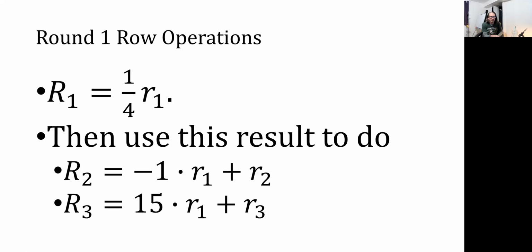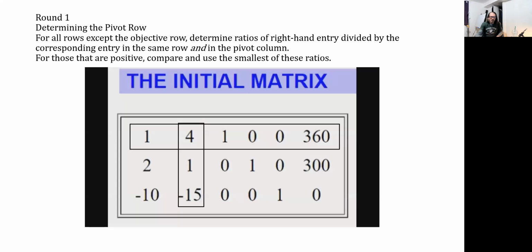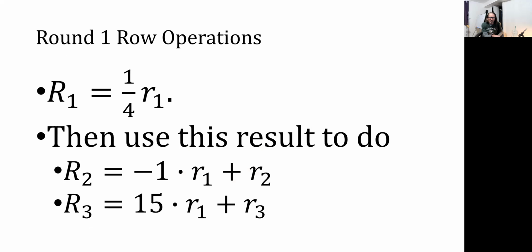So once we've done the first step, -1 times row 1 plus row 2 to give us a new row 2. And since we have a -15 down here, 15 times 1 plus a -15 will give us 0. But again, we have to do that to the whole row of 3. So 15 times row 1 plus row 3 will give us a new row 3.